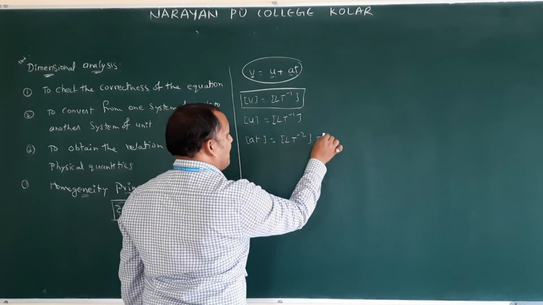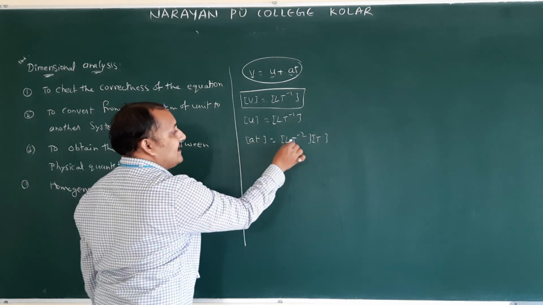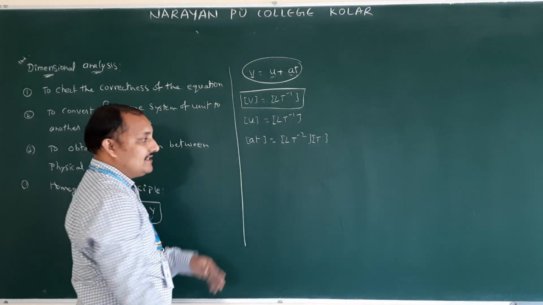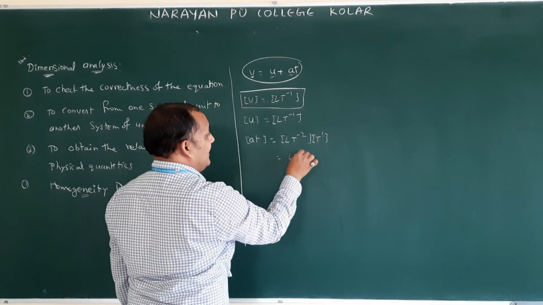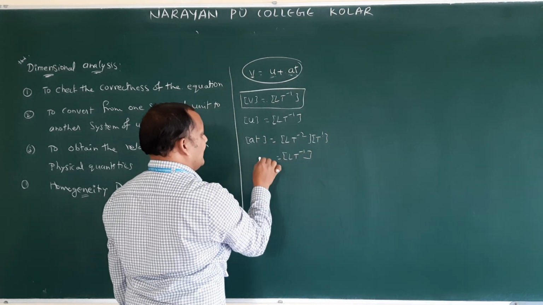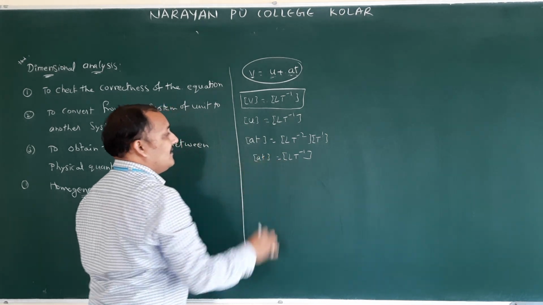t means time. Acceleration is L T power minus 2, as we discussed previously. t means T, so minus 2 plus 1 gives L T power minus 1. This is the dimensional formula for at.